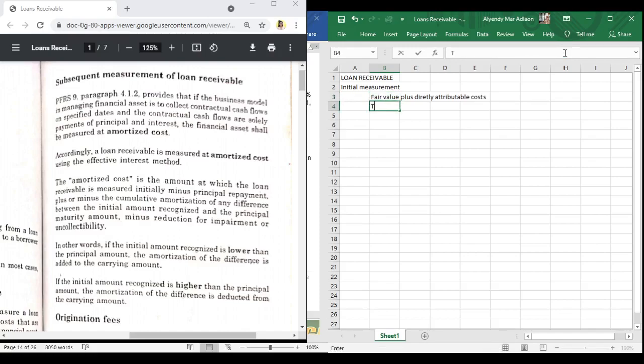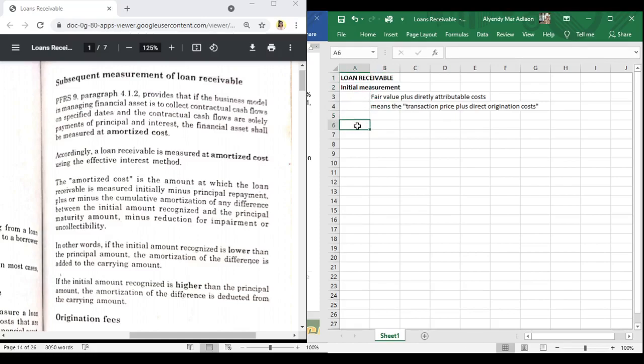That would mean the transaction price plus direct origination cost. Okay, so that is the initial measurement.